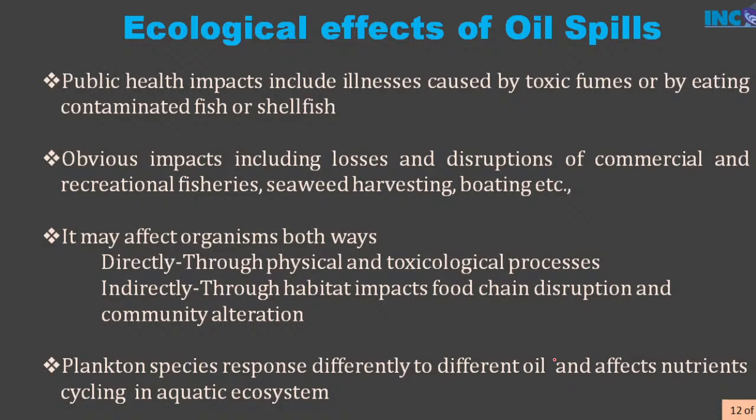Then other obvious impacts are losses and disruption of commercial and recreational fisheries. It will also affect seaweed harvesting, because once oil pollution occurs it stays on the surface of the seawater, and seaweed culture will also be affected.